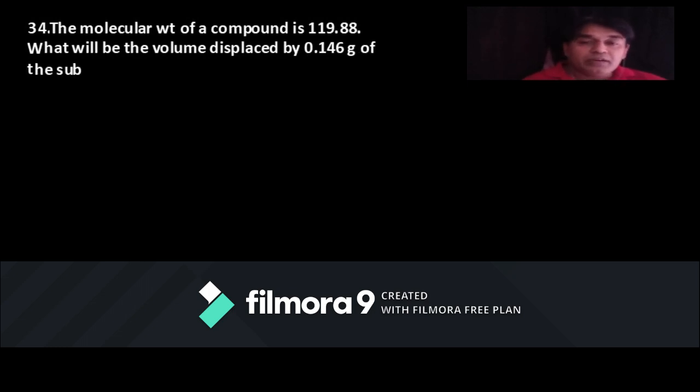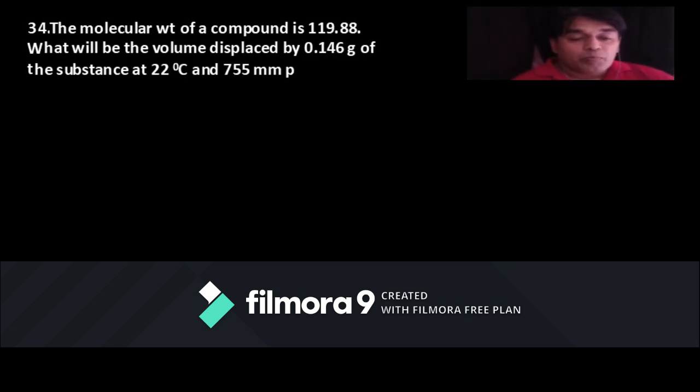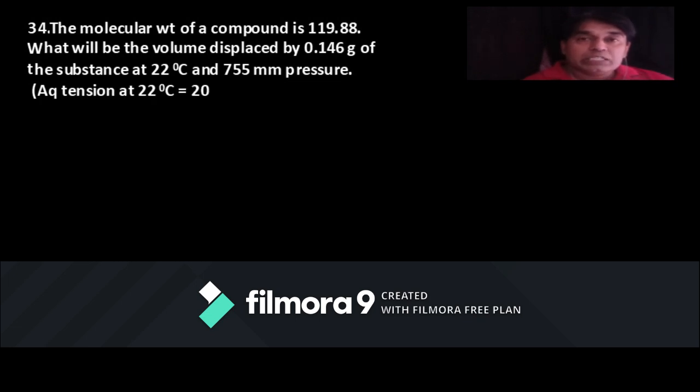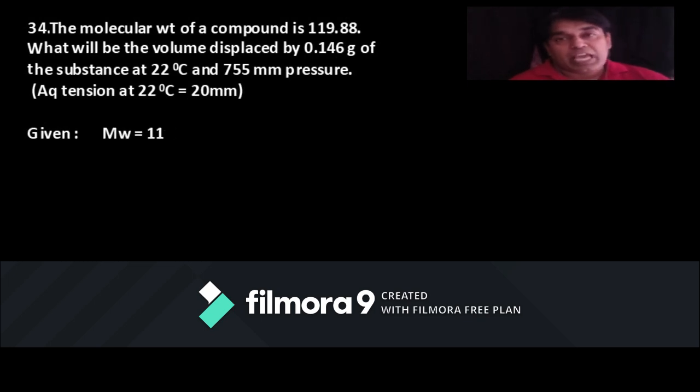What will be the volume displayed by 0.146 gram of the substance at 22 degree Celsius and 755 mm pressure? It is given that aqueous tension is 20 mm at 22 degree Celsius.